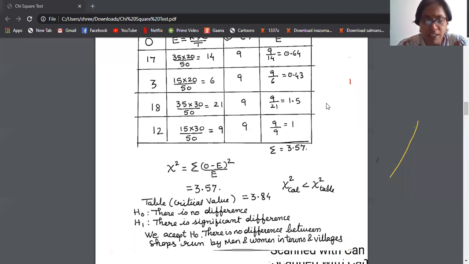If M is the number of rows and N is the number of columns, the degrees of freedom is (M minus 1) into (N minus 1). In this case, it is 2 minus 1 into 2 minus 1, which is equal to 1. Based on the degrees of freedom, we look into the chi-square table for the value, but you don't have to do all these things.